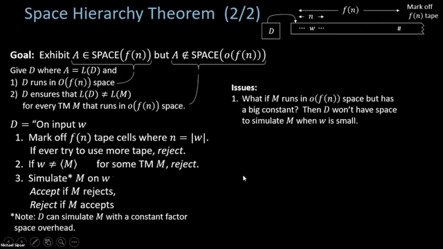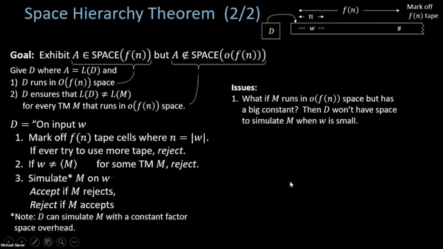Concretely, suppose we're trying to get A in n cubed space, but show it's not in n squared space. So D is going to run in n cubed, and we have to make sure that any machine that's running in n squared space cannot do the same language. So we're going to be different from that.